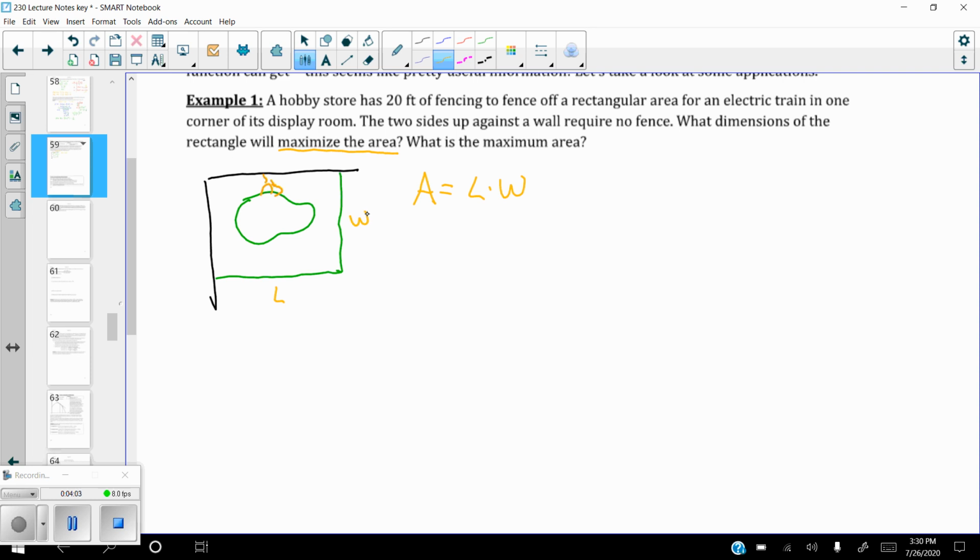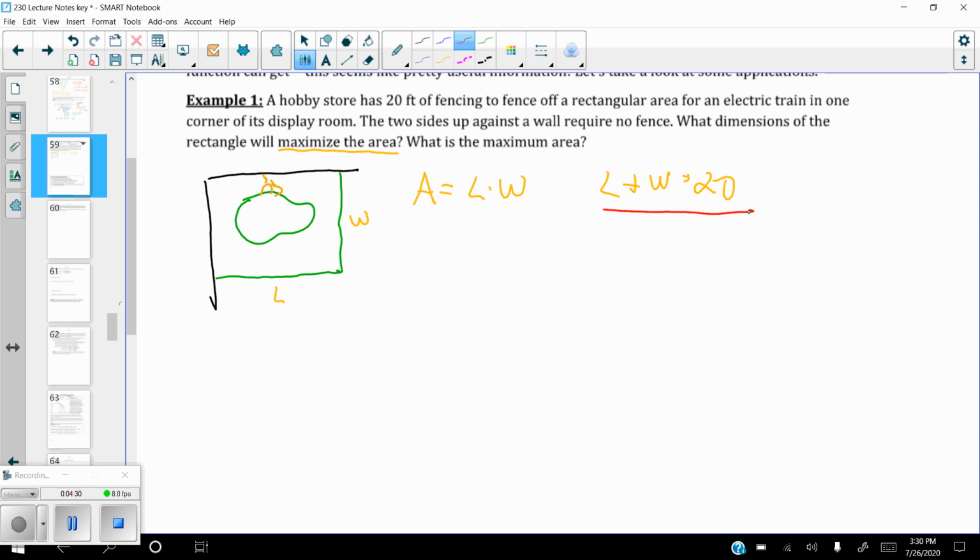I also know that the total amount of fencing, which is going to be the length plus the width, because that's the total amount of fencing, the length plus the width is 20, because they told me that's how much fencing we have. So what we need to do is solve this equation right here for either L or W. In this case, it doesn't really matter.